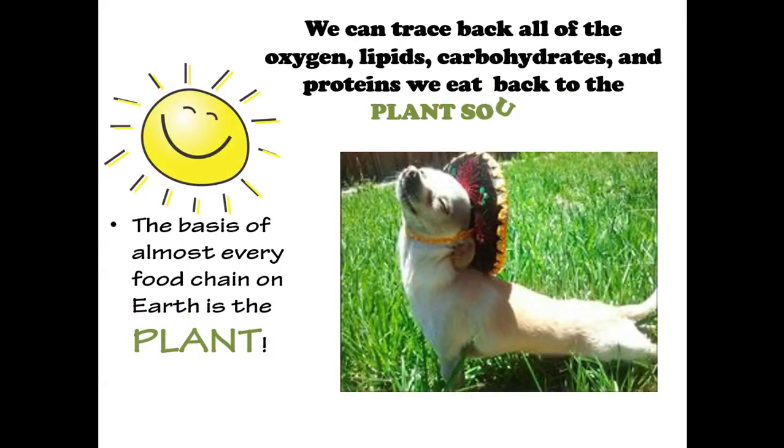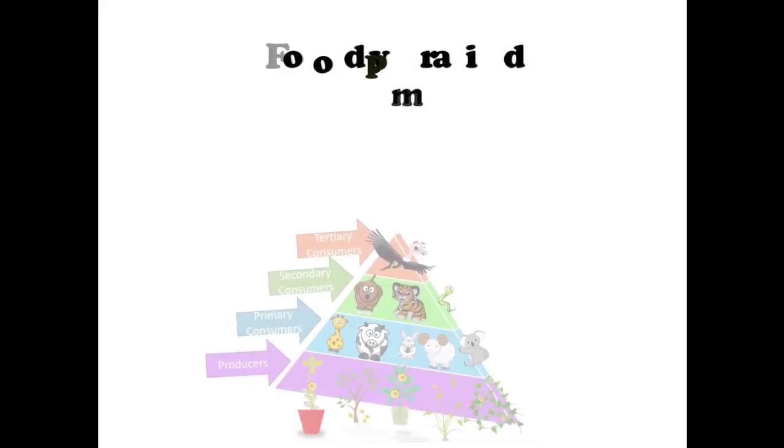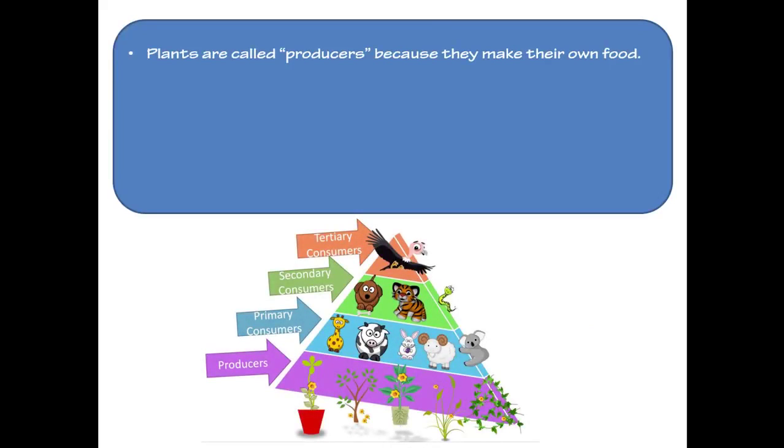We can trace back all of the oxygen, lipids, carbohydrates, and protein we eat back to the plant source. The basis of almost every food chain on Earth is the plant. Plants are called producers because they make their own food.